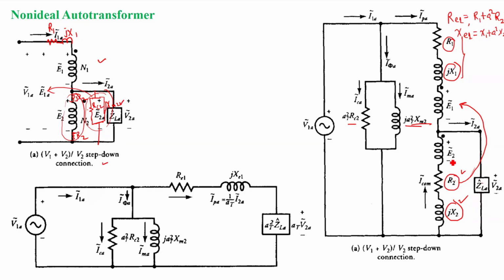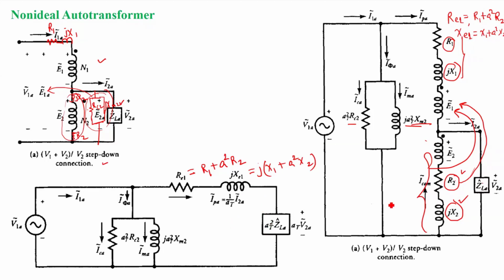And this winding will now be referred to the secondary side. So this will become RE1, which is R1 plus a square R2, and XE1 will become j of X1 plus a square X2.